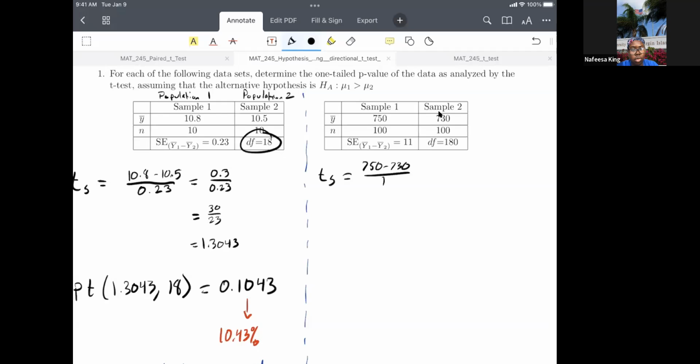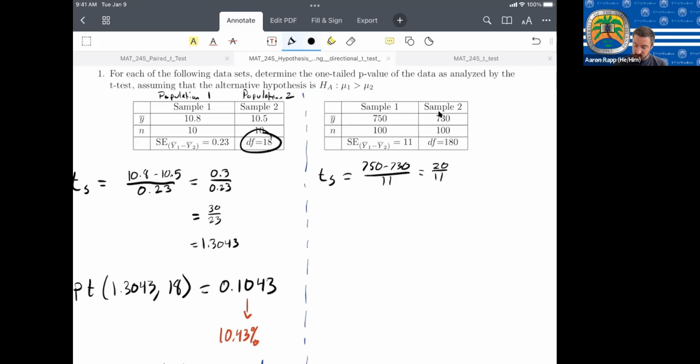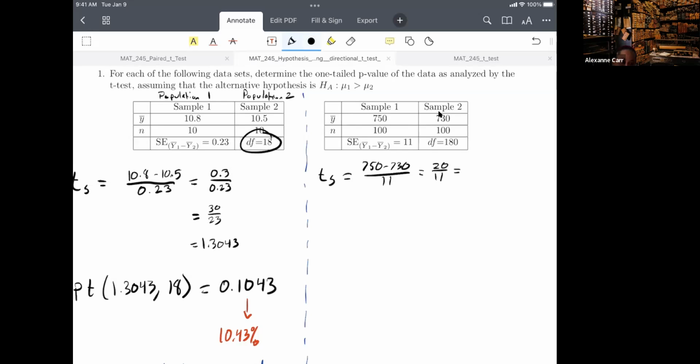Yeah, they give us that information. So this is going to be 20 divided by 11. And what is that going to give me? 1.8.